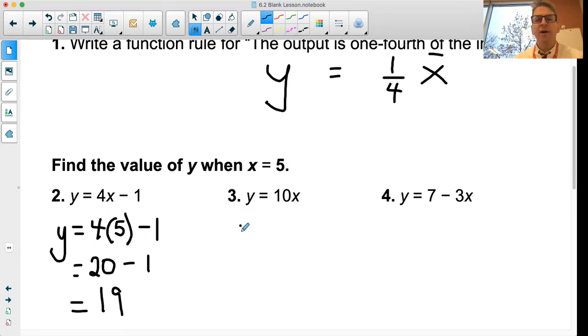Number 3, y equals 10 times the input, which would be 5, the independent variable 5. Y is dependent upon the value of 5. So y then is equal to 50.